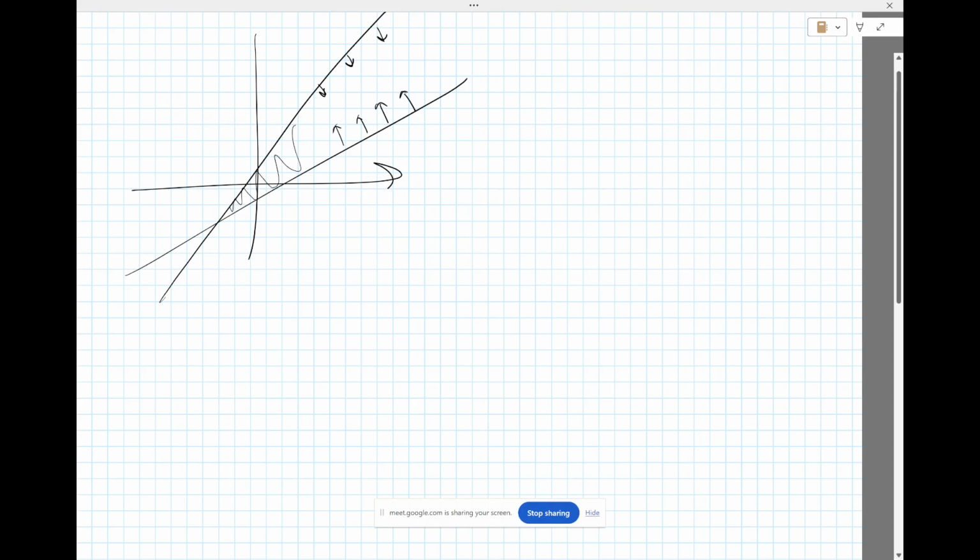So this region is a polyhedron, the intersection of these two half spaces. For example, if I take a circle, then it won't be a polyhedron, because a circle is an intersection of infinitely many half spaces.